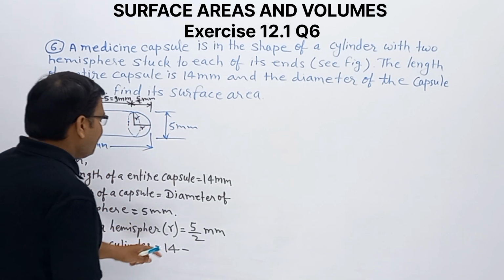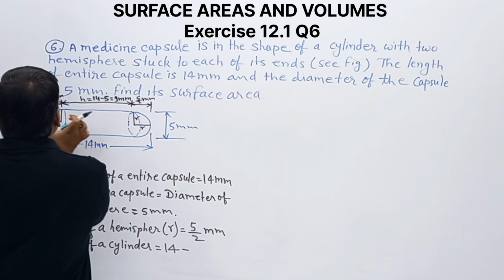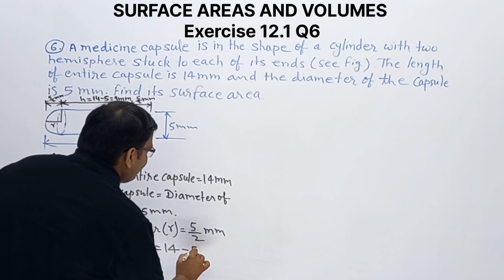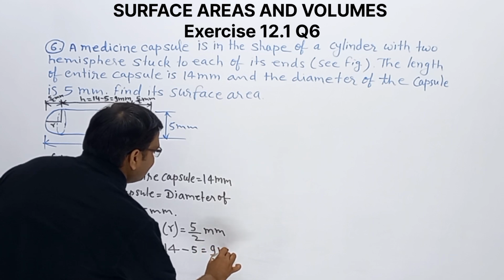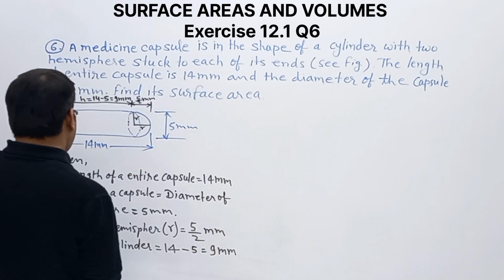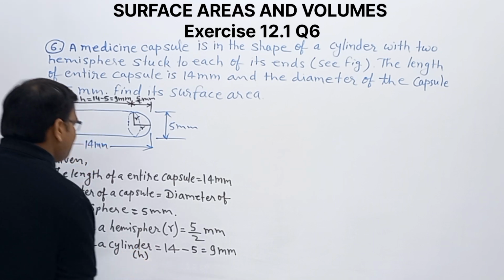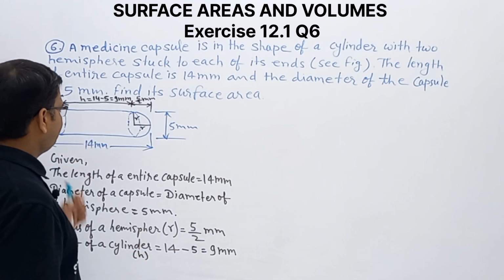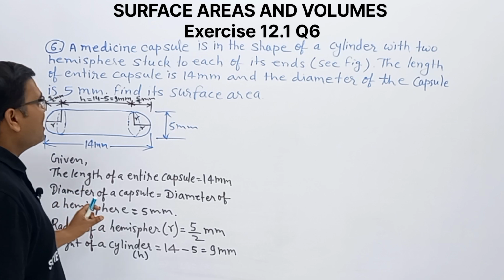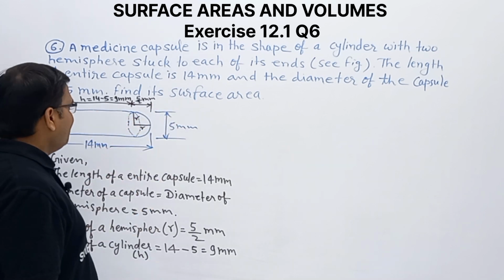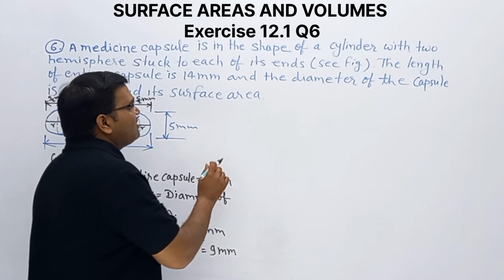Clear? So minus 5 by 2 mm plus 5 by 2 mm. Once we add, we get 5 mm, and finally 9 mm will be the height of the cylinder, denoted by h. So these things are required to find the surface area. Clear?